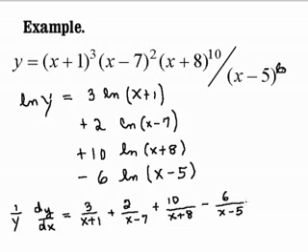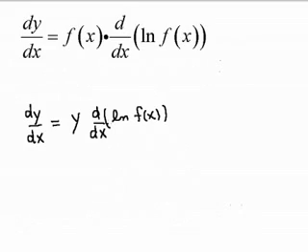And to differentiate, very straightforward: 1 over y dy dx equals 3 over x plus 1, plus 2 over x minus 7, plus 10 over x plus 8, minus 6 over x minus 5. And dy dx is found by just multiplying that equation on both sides by y, and that is the derivative. It's arrived at in a way that's very efficient and uses less algebraic manipulation.